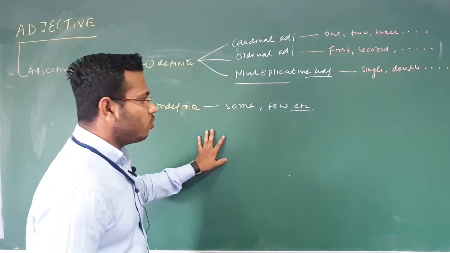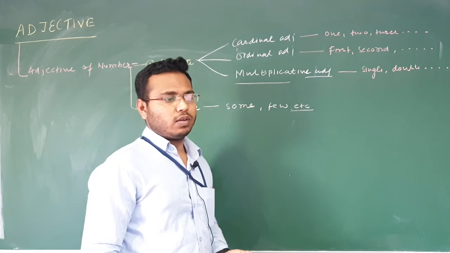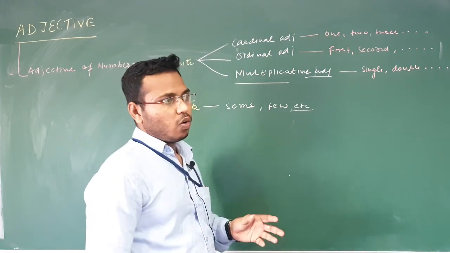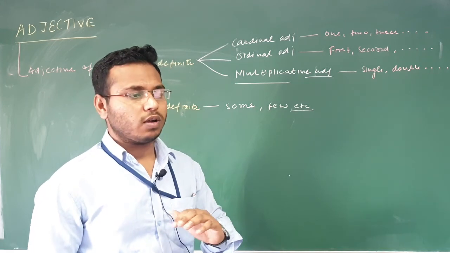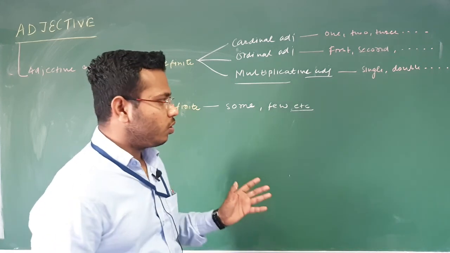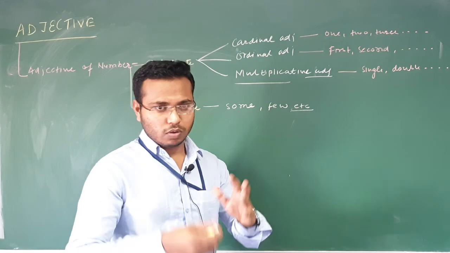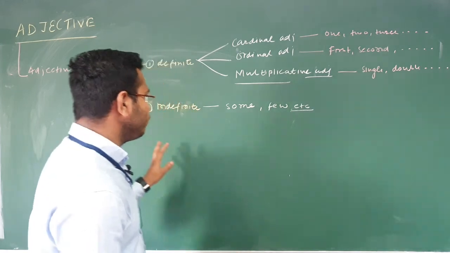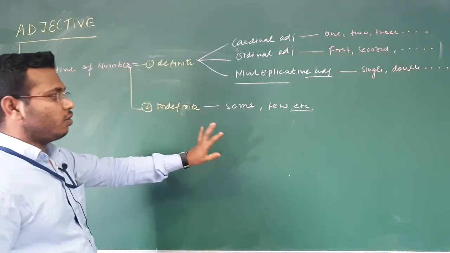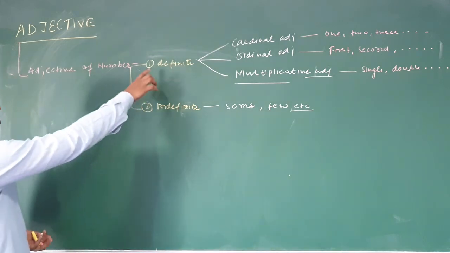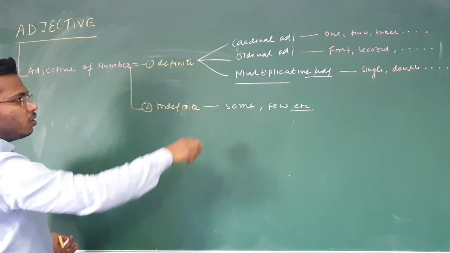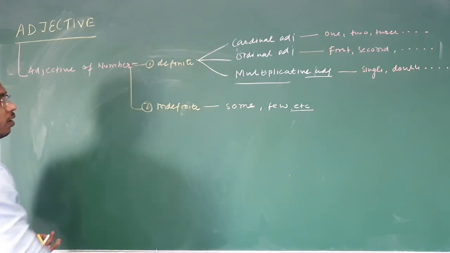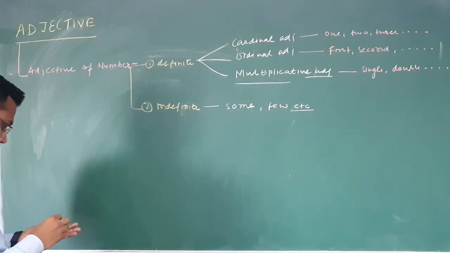Some, few, etc. As I said, we are covering an exam-oriented syllabus, so we do not need to go into much greater detail. So these are the two classifications. Definite has three further classifications: cardinal, ordinal, and multiplicative. And then we have the indefinite adjective.